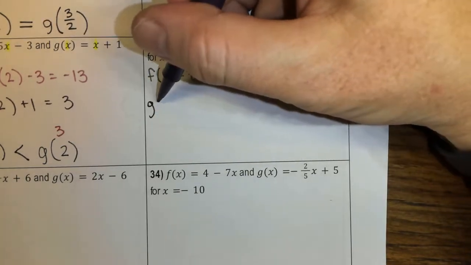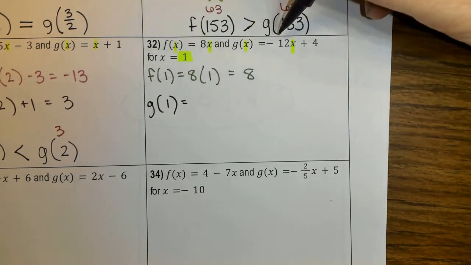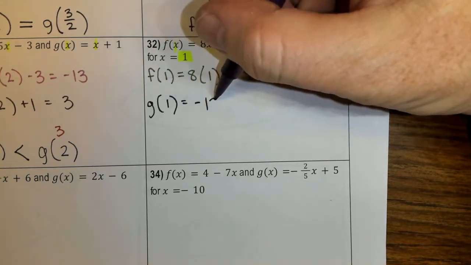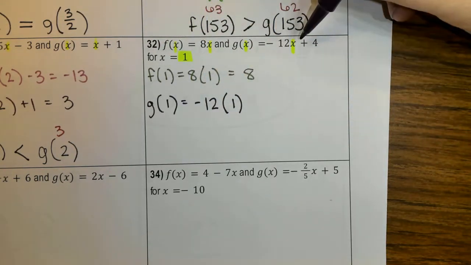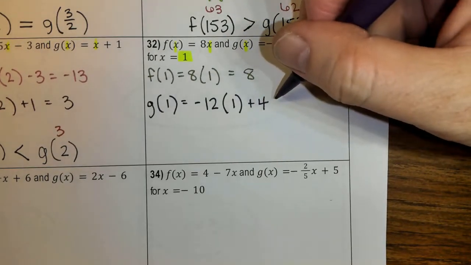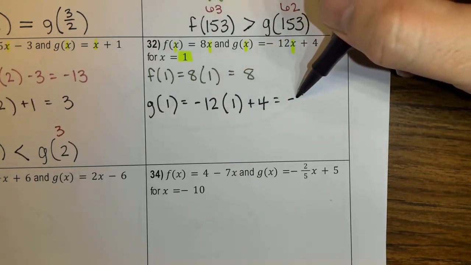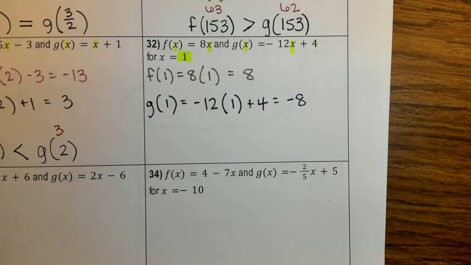All right, so I have g of 1 equals negative 12x, so negative 12 parentheses 1 plus 4. Okay, that's, let's see, negative 12 plus 4 is a negative 8. And now I can compare.